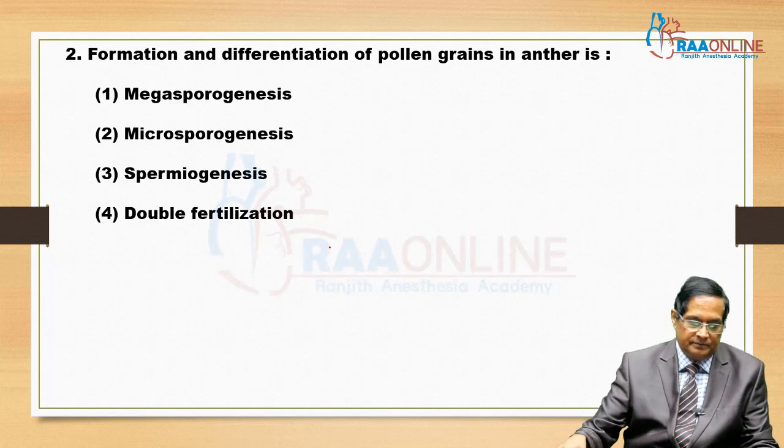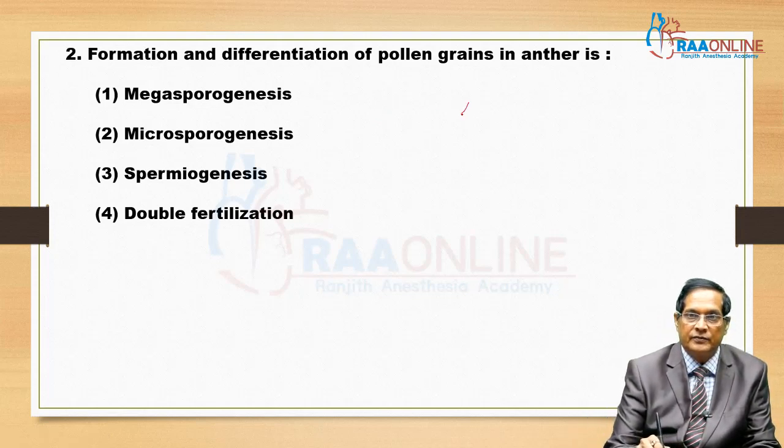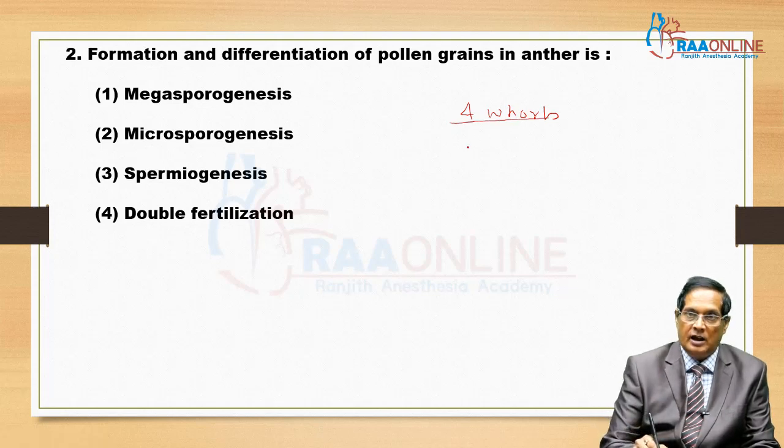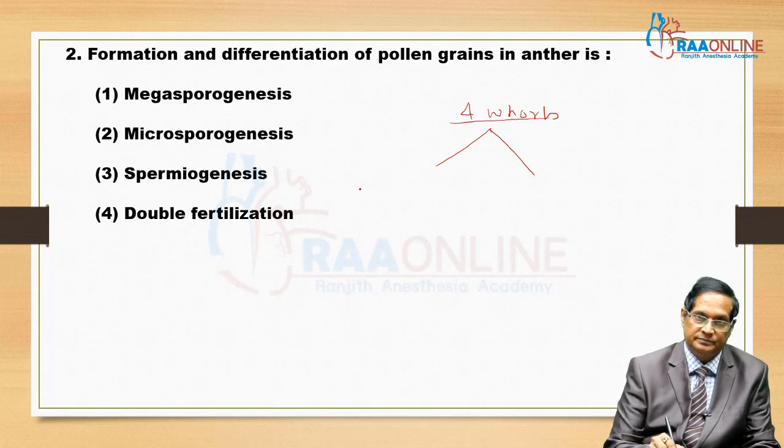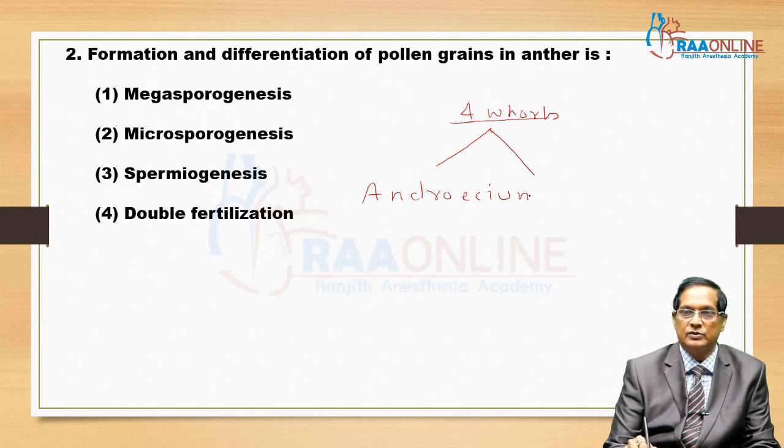Question number 2: in a flower there are 4 whorls. Out of these 4 whorls, 2 whorls are reproductive. One is androecium and the other whorl is gynoecium.